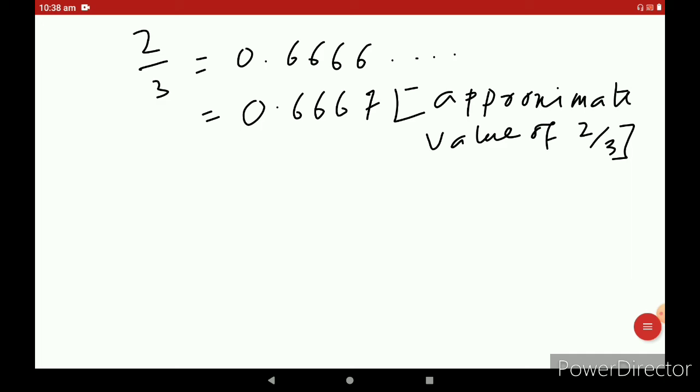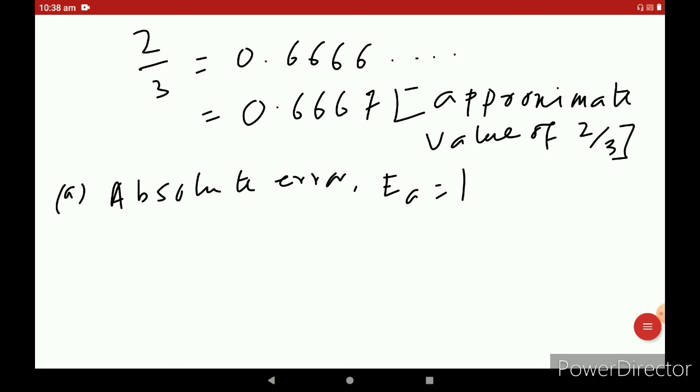So now we find absolute error. We know the formula Ea equal to mod of Vt minus Va.